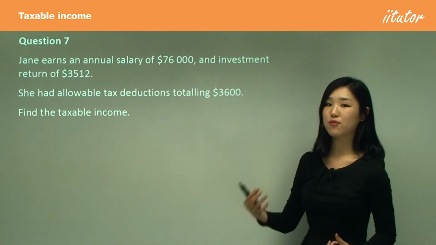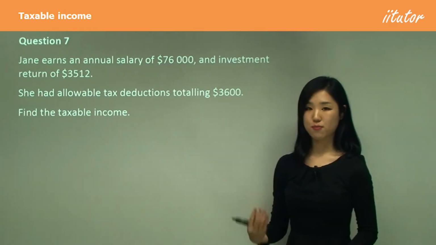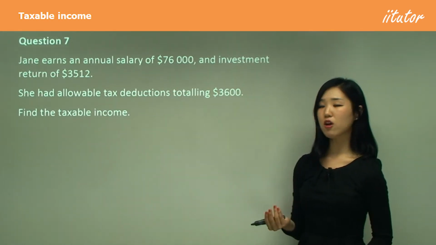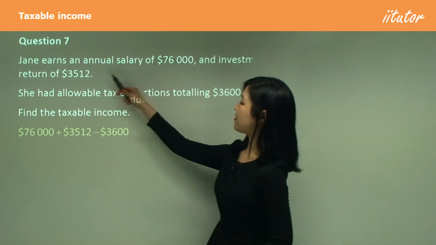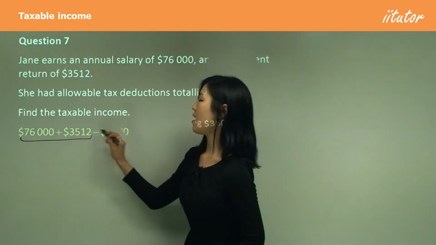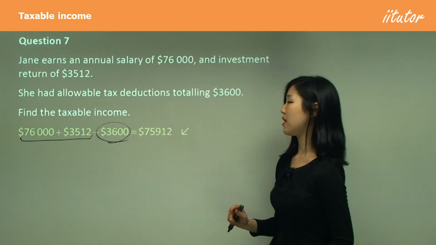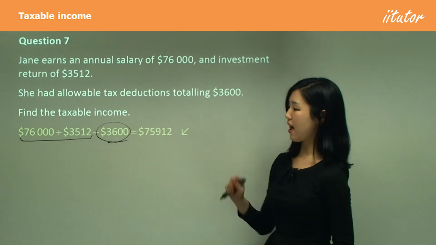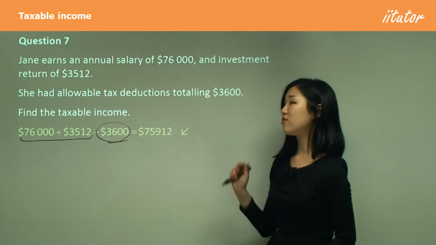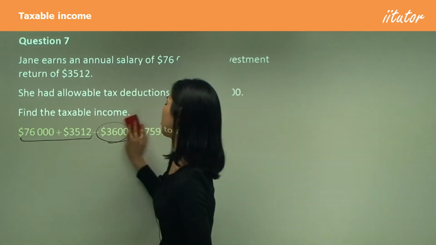So it's a little bonus for her. This and this is all part of her gross payment. Now she makes tax deductions of something like this. So we add these together because that makes up her gross payment, and we subtract our tax deductions, and that will be your taxable income. So just add those and subtract that one, calculate it, that's what you should have. That is your taxable income, after making any tax deductions.